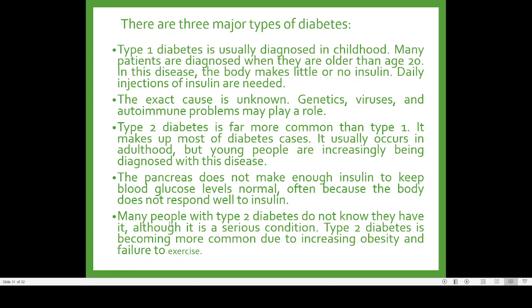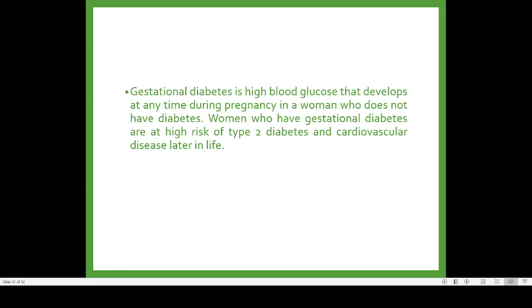Type 2 diabetes is becoming more common due to increasing obesity and failure to exercise. So these are the two contributing factors. One is increasing obesity or fat content in your body, and the other is a lower amount of daily exercise, which also leads to type 2 diabetes.